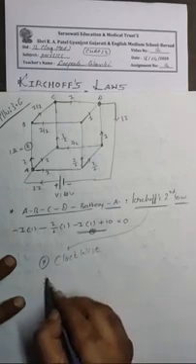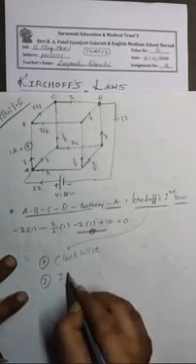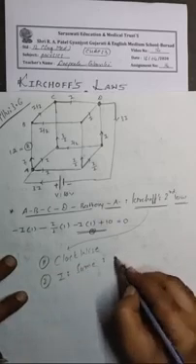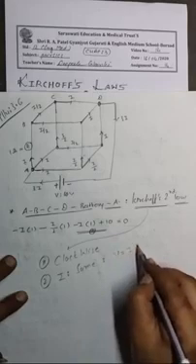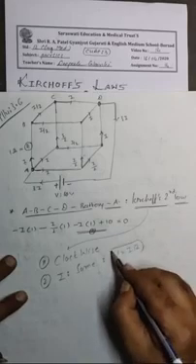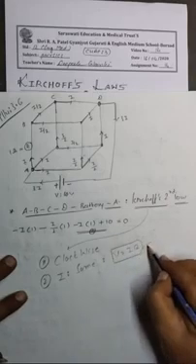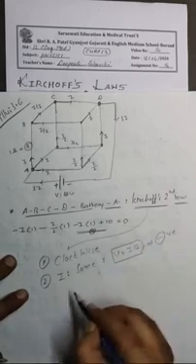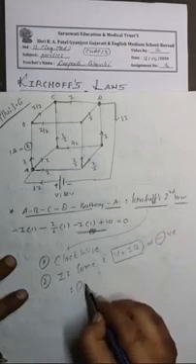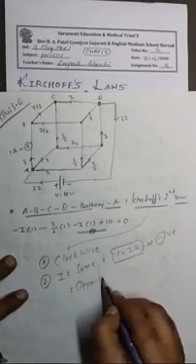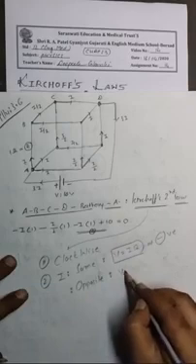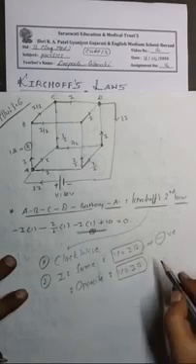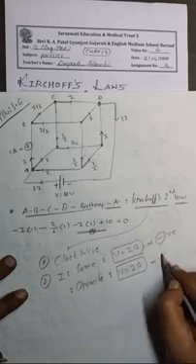Second, if electric current is in the same direction, then V is equal to IR, this value you have to take negative. If electric current is in the opposite direction, then V is equal to IR, this value you have to take positive.